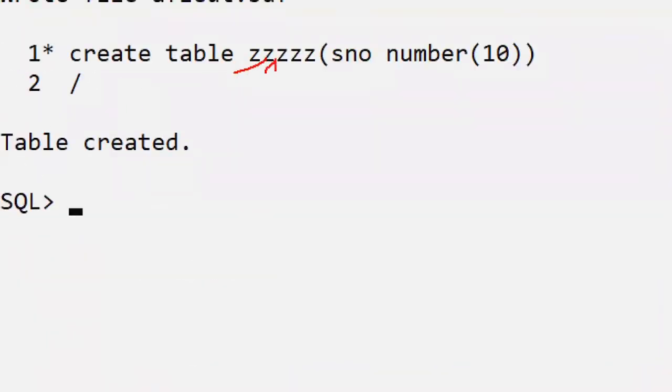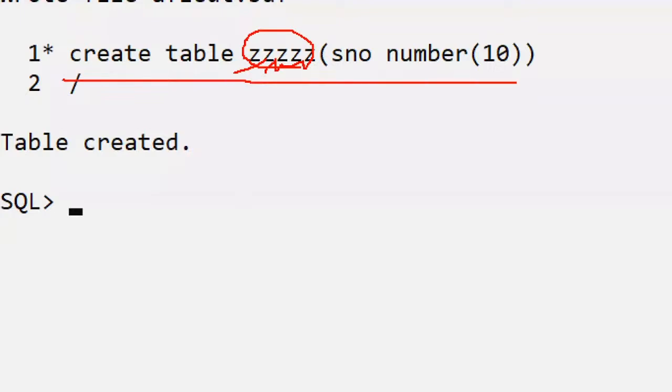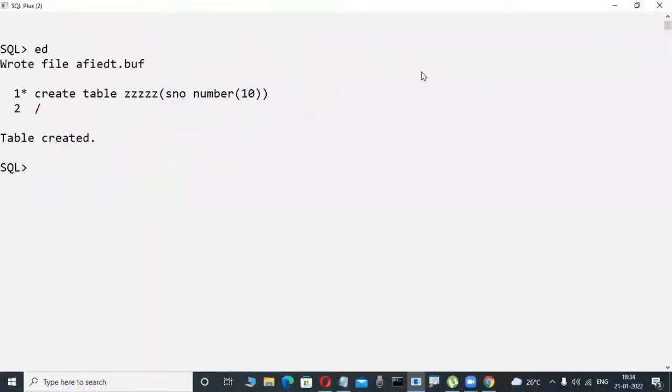Z is the name I am giving. The table I'm creating is only in my Oracle database, or SQL Server database, or MySQL database. The table is created. Slowly observe it here. This table is created.